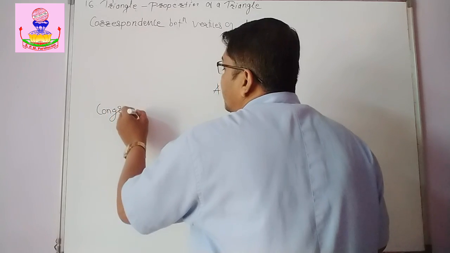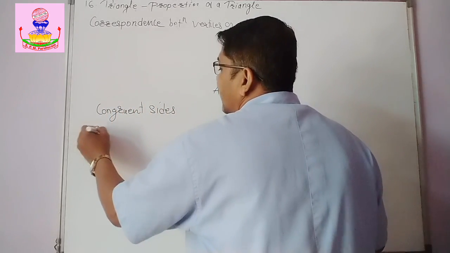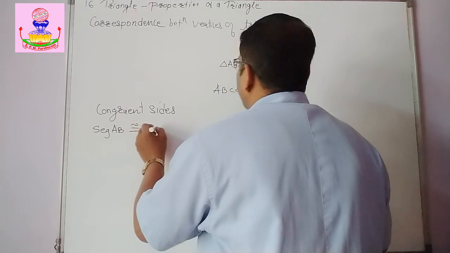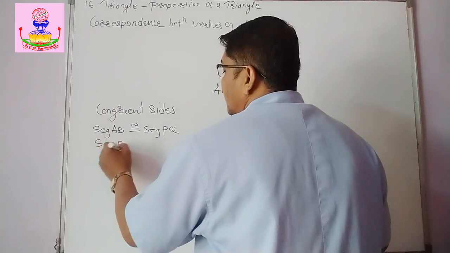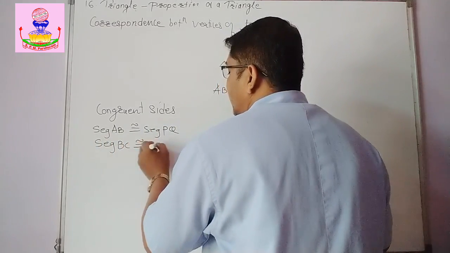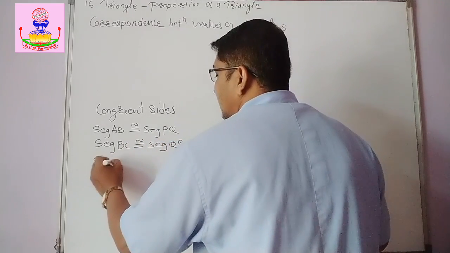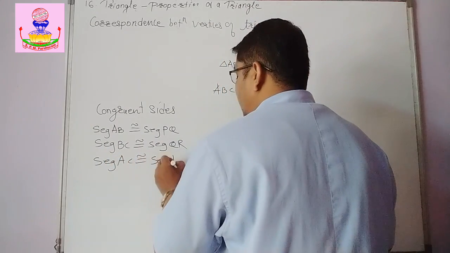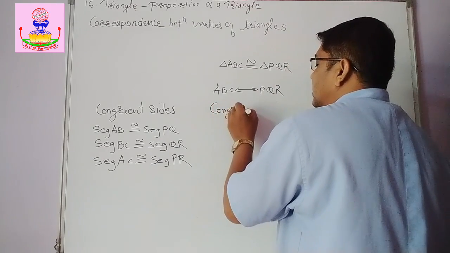Suppose for this correspondence, triangle ABC is congruent to triangle PQR. We can write the congruent sides: segment AB congruent to segment PQ, segment BC congruent to segment QR, segment AC congruent to segment PR.